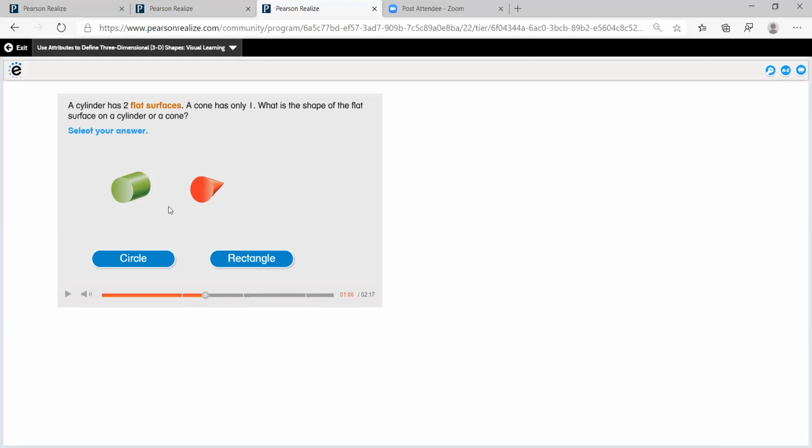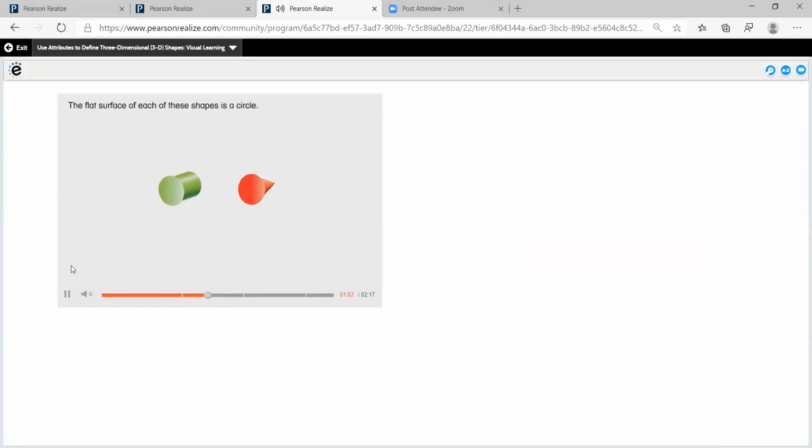Is the flat surface a circle or is it a rectangle? Think your answer. Say your answer. Did you guess circle? The flat surface of each of these shapes is a circle.